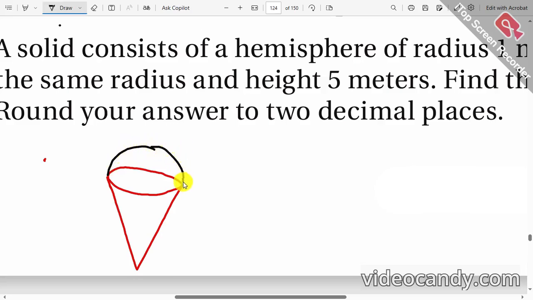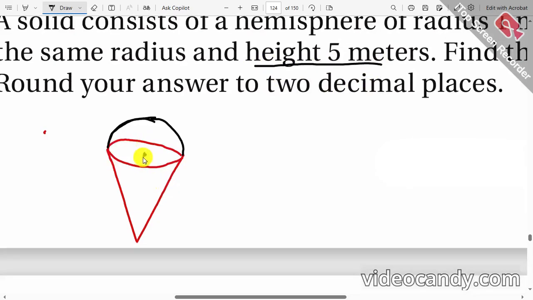So imagine like an ice cream cone. The hemisphere on top. It says that the height is 5 meters. So if you go from the center of the circle of the cone and go to the vertex of the cone, that height is 5 meters.